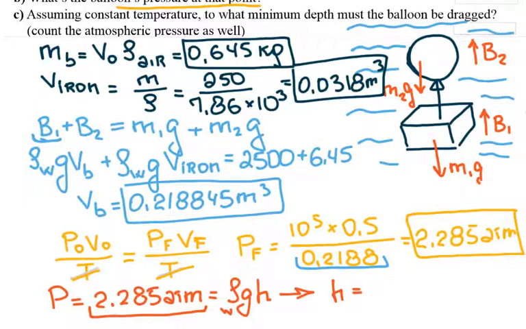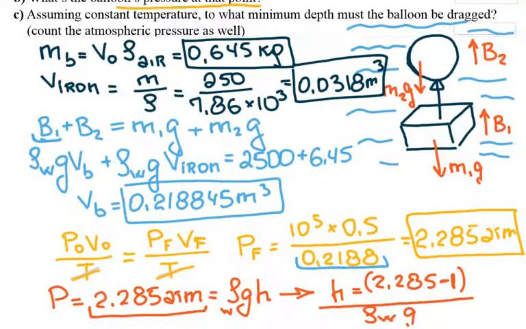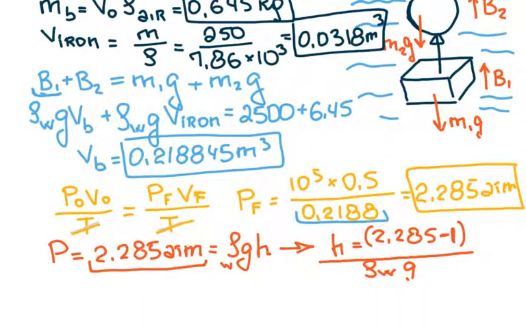So it's actually 2.285 minus 1, because atmospheric pressure we don't count, we only want to know the pressure caused by the water, and all of that divided by the density of the water times g. So I get that the height is equal to 12.85 meters.